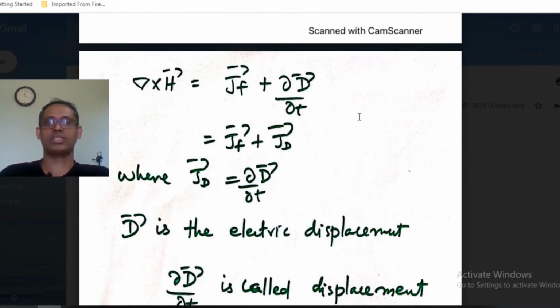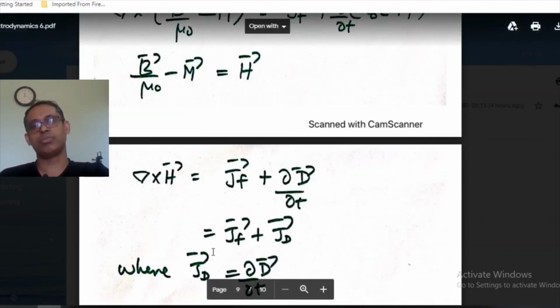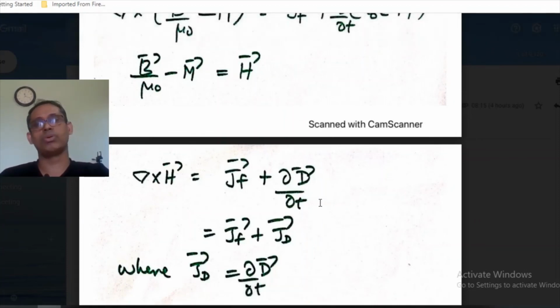So del cross H is equal to JF plus JD, where JD is dou D by dou T, called the displacement current. This is how we modify Ampere's law in Maxwell's equations when we are considering it in matter.